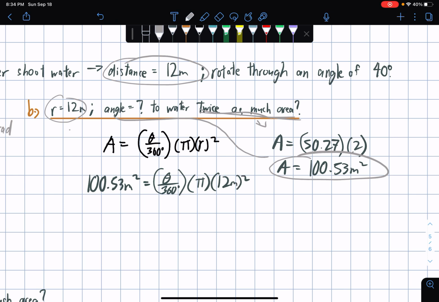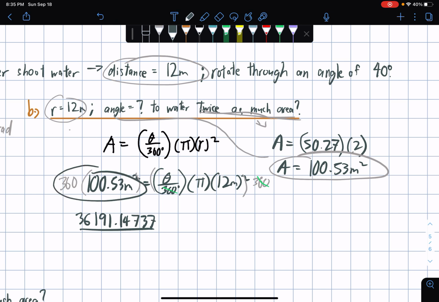We multiply both sides with 360 to cancel what we have here, and you have 36,191.14737. This is the product of these two values multiplied to each other.